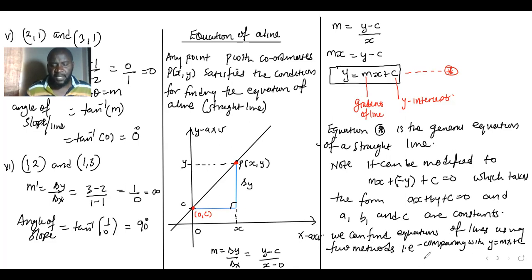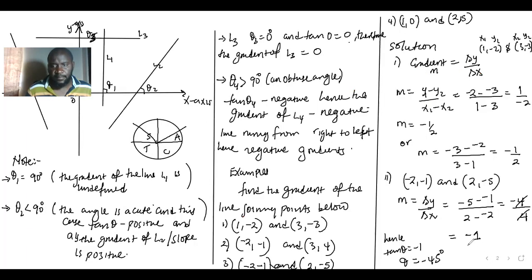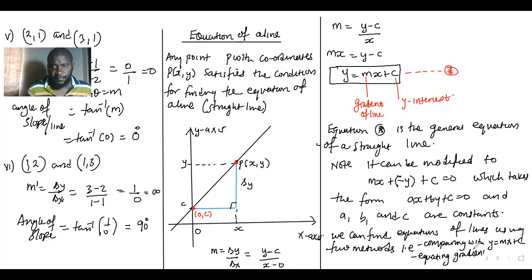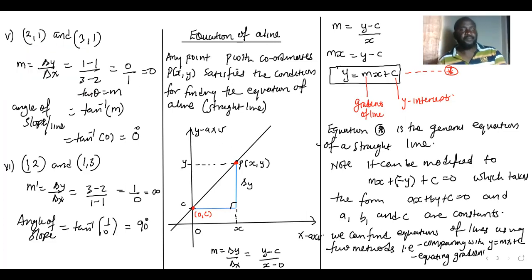Then the other one is by equating gradients. So we can now be in position to identify and see how we can derive those equations. So people can take a screenshot, then we can look at examples, unless someone has a question before I go for examples.